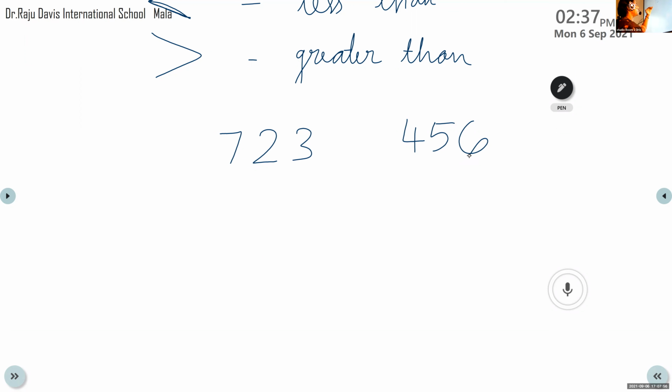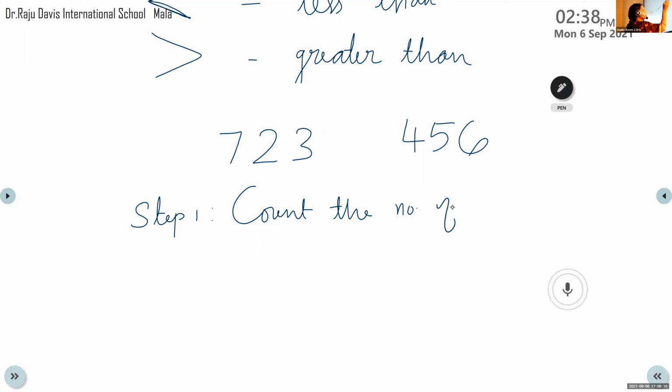We are comparing two three-digit numbers. So what is the first step? Step 1: count the number of digits.